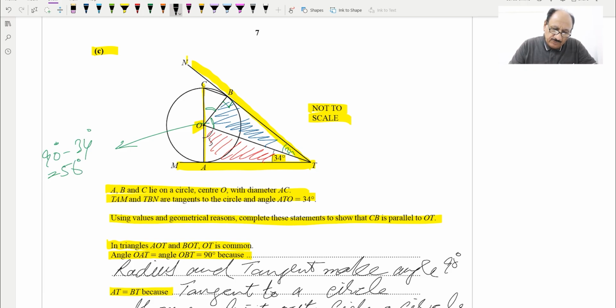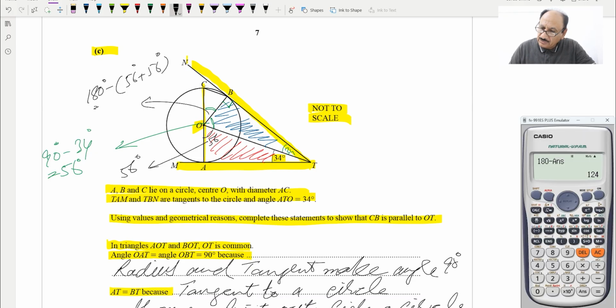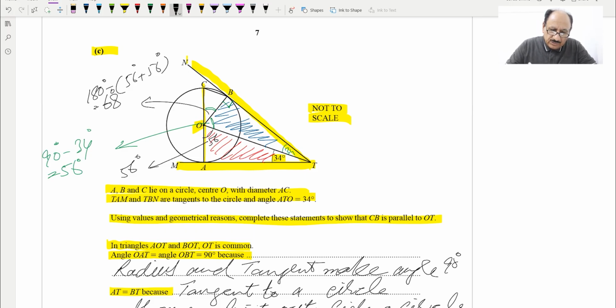This will also be 56, so this angle is also 56 degrees. So the BOC angle will be 180 degrees minus 56 plus 56, and this will be equal to 68. So our answer will be 68.